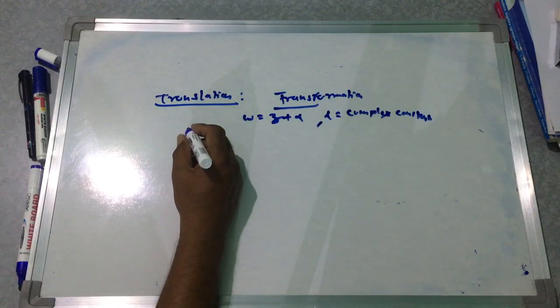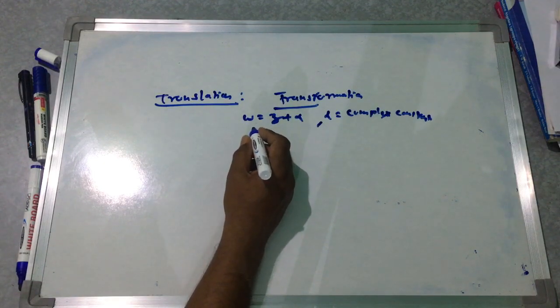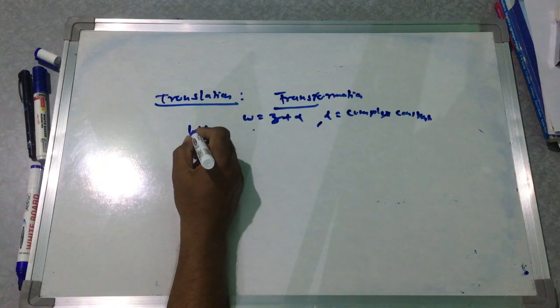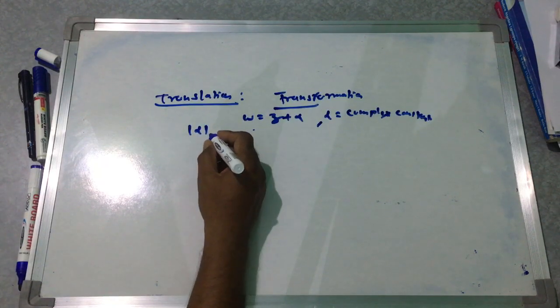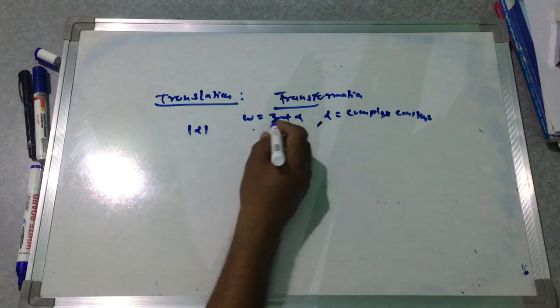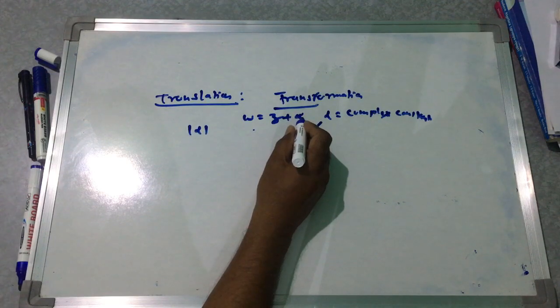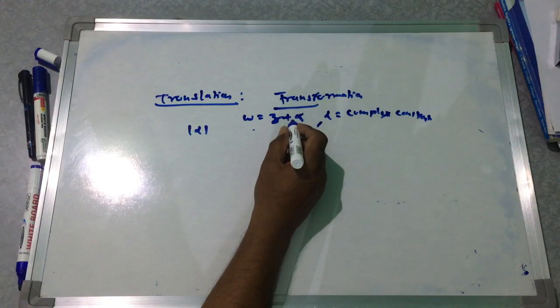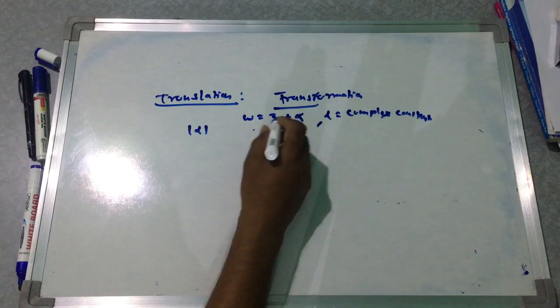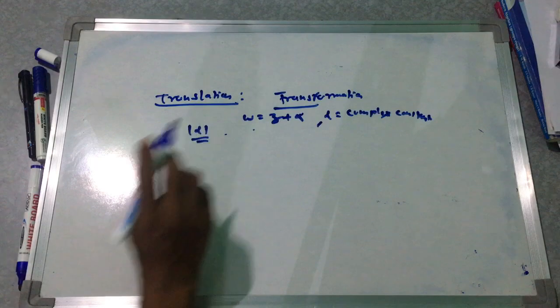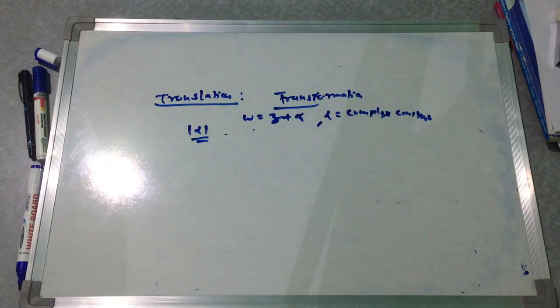By this transformation, each point in the Z plane is moved along the direction of alpha through a distance mod of alpha. So W equals Z plus alpha: points in the Z plane are displaced in the direction of alpha, keeping their shape, size and orientation unchanged. This is the translation.